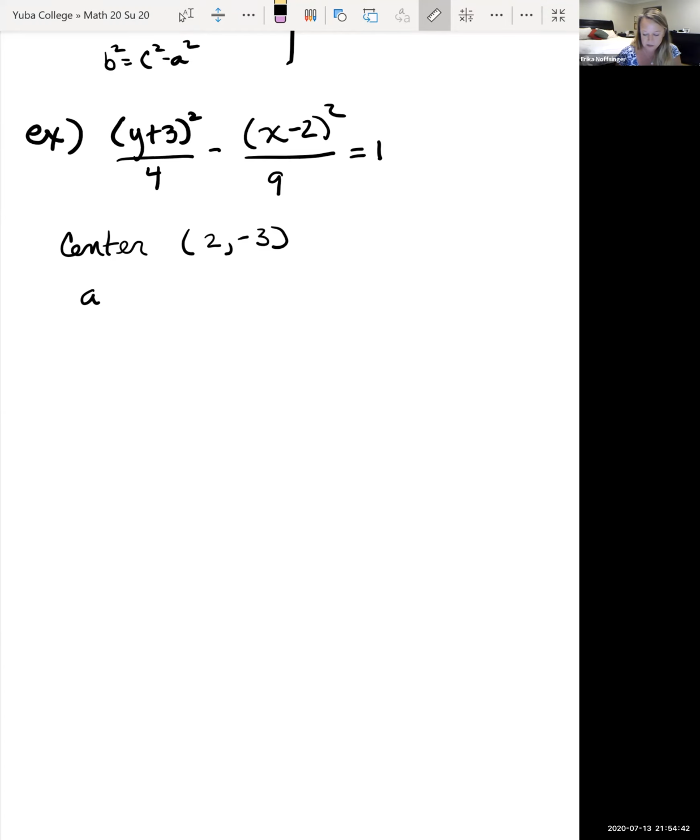So a squared is 4. B squared is with a negative, so the 9. Which one is positive tells me which direction that hyperbola is facing. It's the y terms that are positive right here. And so it's going to be facing up and down.